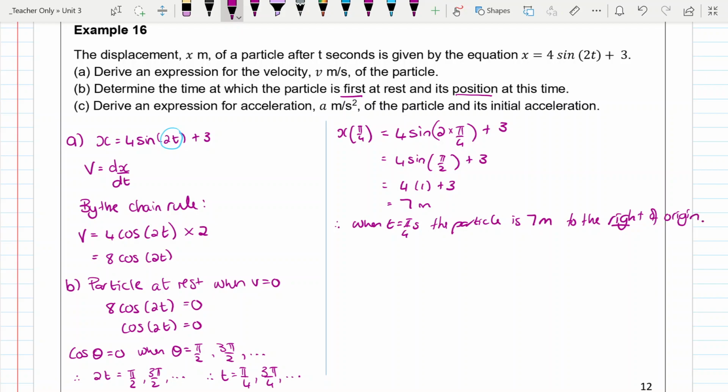Okay, now derive an expression for acceleration and its initial acceleration. All right, so now we need to say, well, we know that acceleration is the derivative of our velocity with respect to time. Again, we need to say by the chain rule.